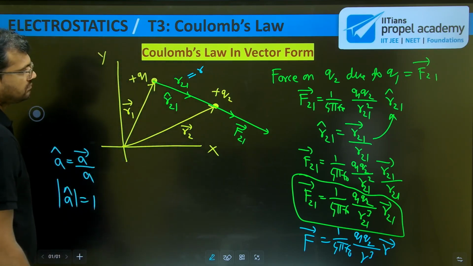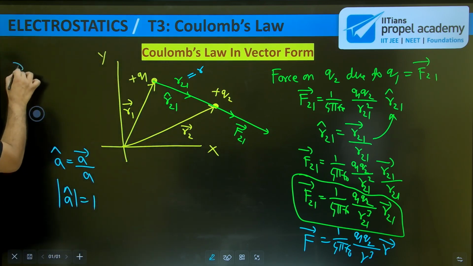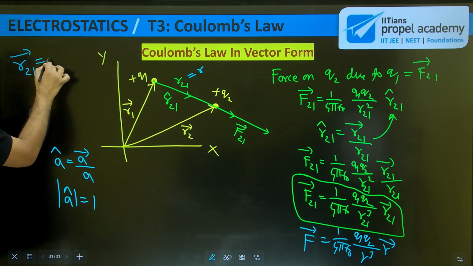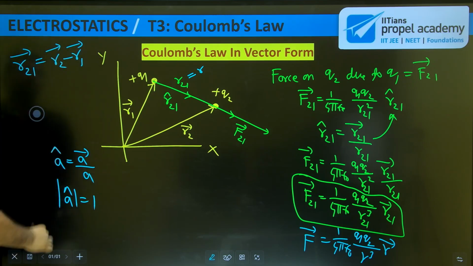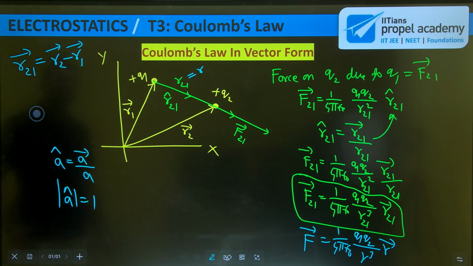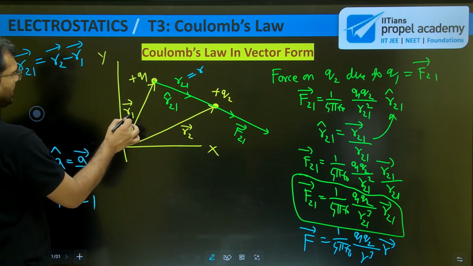Now, what do you mean by R21 bar? R21 bar you can write as R2 minus R1 bar. What do you mean by that? So R1 bar I have, right? So I want minus R1 bar.